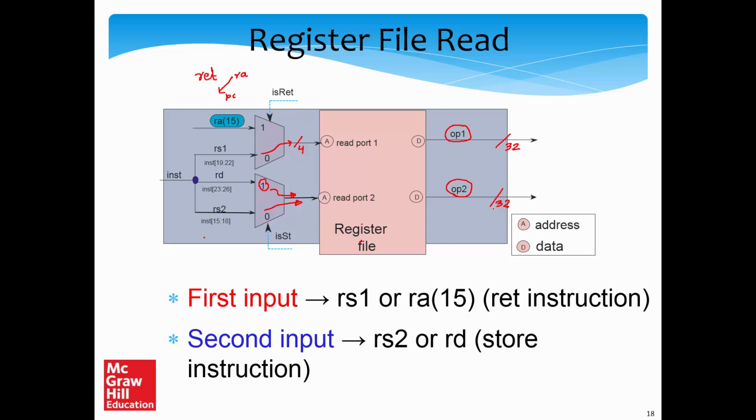That's the reason we have a multiplexer with the isRet signal. Similarly, for read port 2, we have a multiplexer with the isStore signal, which chooses between RD or RS2. If it's a store, RD is the source which needs to be read, and if it's any other ALU instruction, then RS2 is the source that needs to be read. Then we read from read ports 1 and 2 simultaneously, and the data comes out, referred to as OP1 and OP2 respectively.